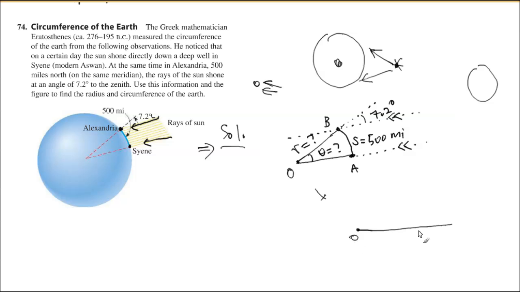Here's O, and here's A, and here's B, and here is the parallel line, and this is the extended line, the parallel line there. And that angle is 7.2 degrees. This redrawn picture is part of what we have drawn exactly, right? These two lines are parallel to each other.